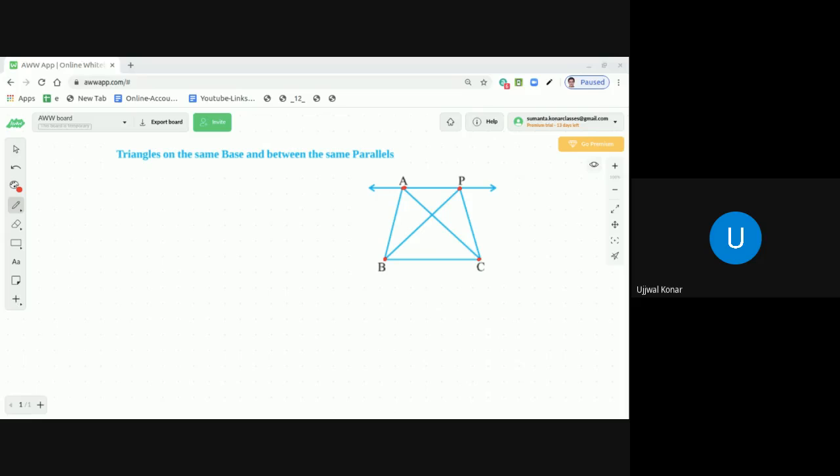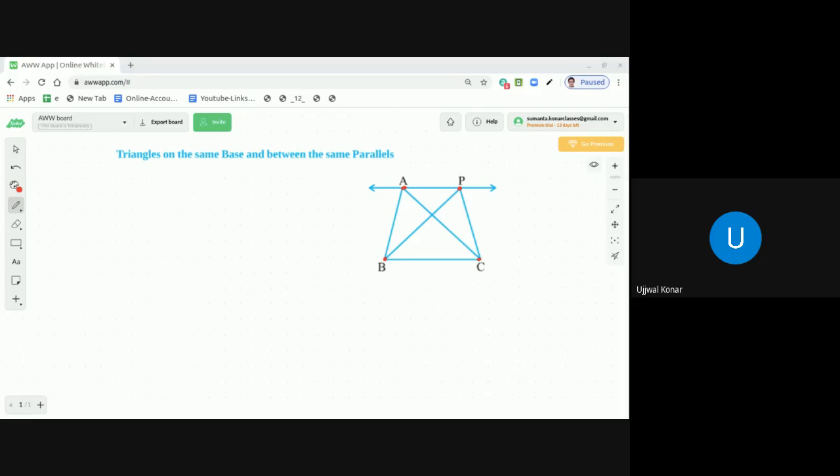But before the construction, what we just said a few minutes back is that the areas of triangles on the same base and between the same parallels are equal. And we are going to prove it. How to prove it? I'm going to show you now.